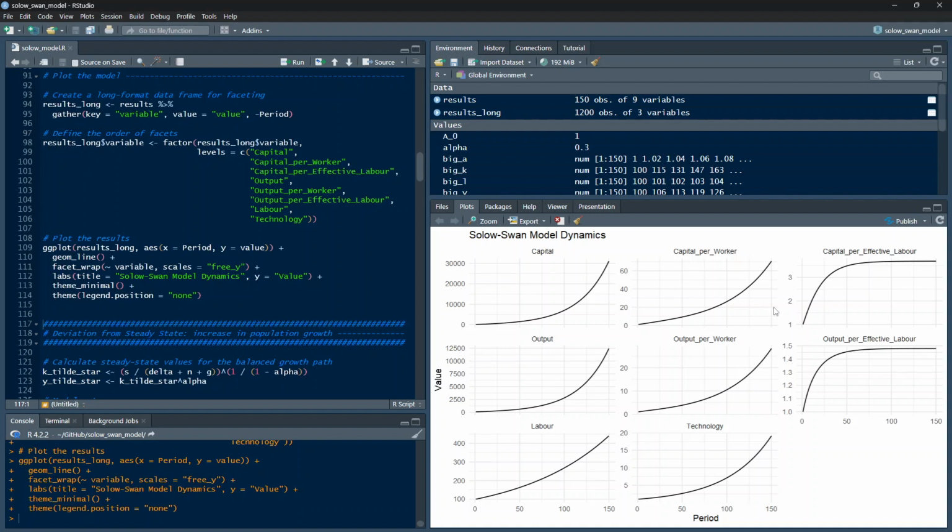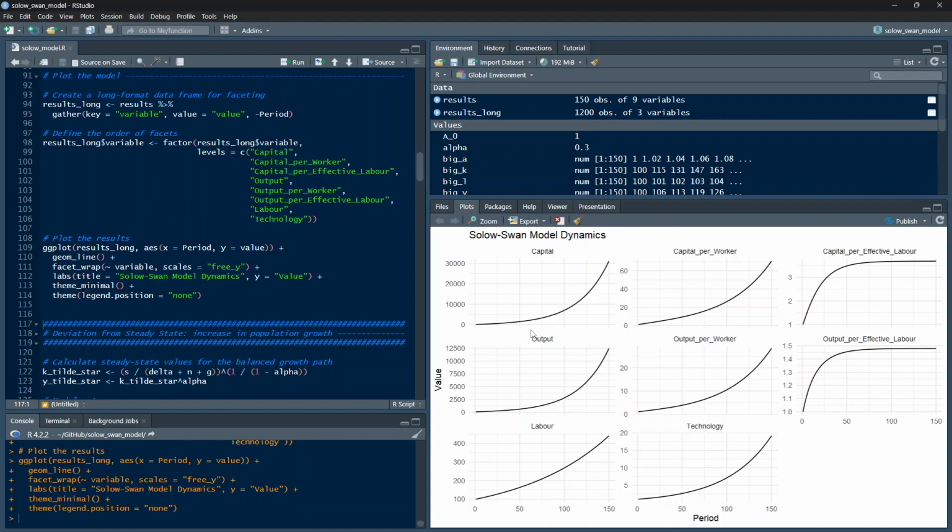Okay, now this is where it gets a bit more interesting. If you look at these two top rows, we have capital and output. And from left to right, we have the aggregate capital and output, then per worker capital and output, and then per effective worker capital and output.